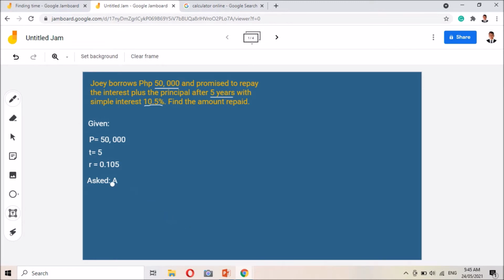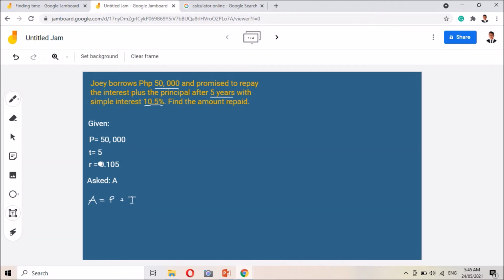Then it asks for the maturity value, and we know that the maturity value is simply equal to principal plus the interest. And we can simplify.